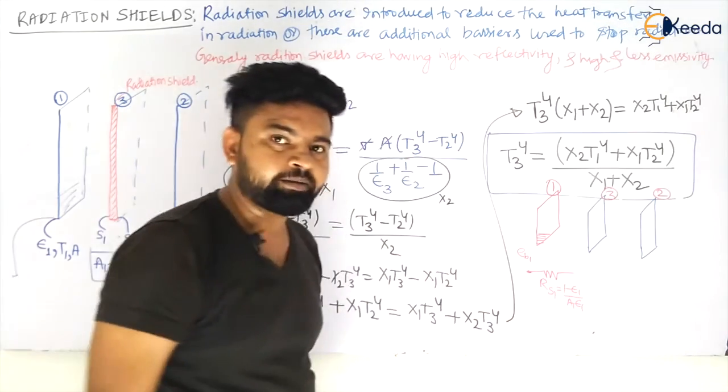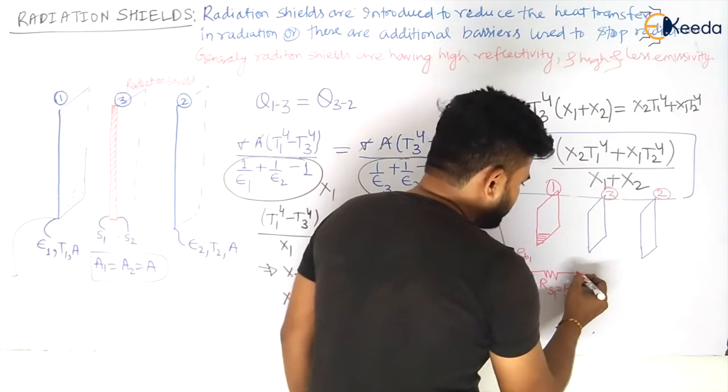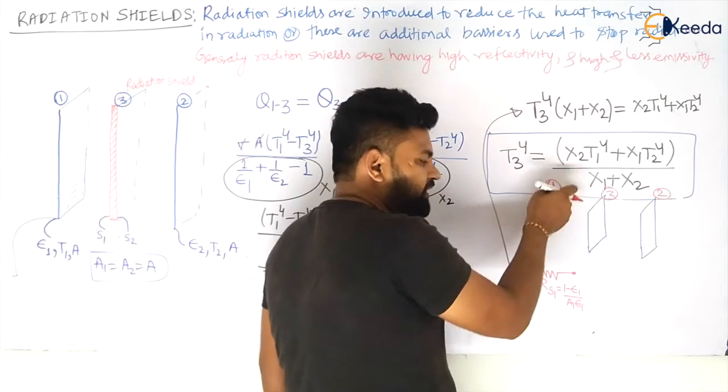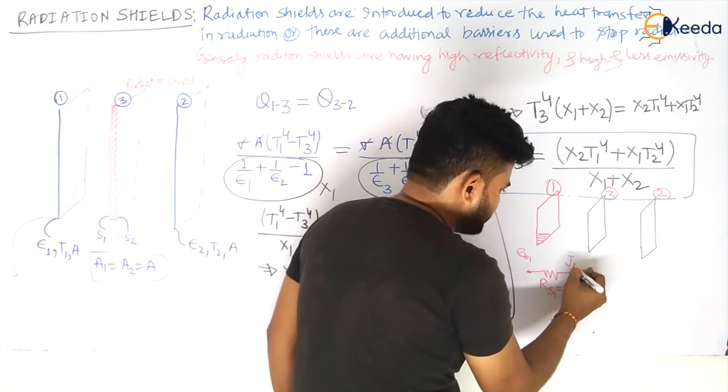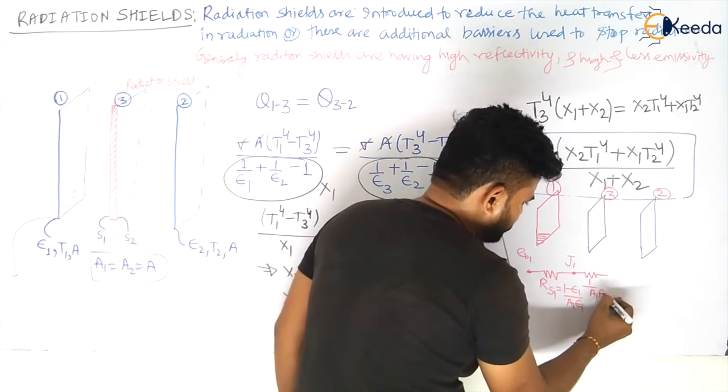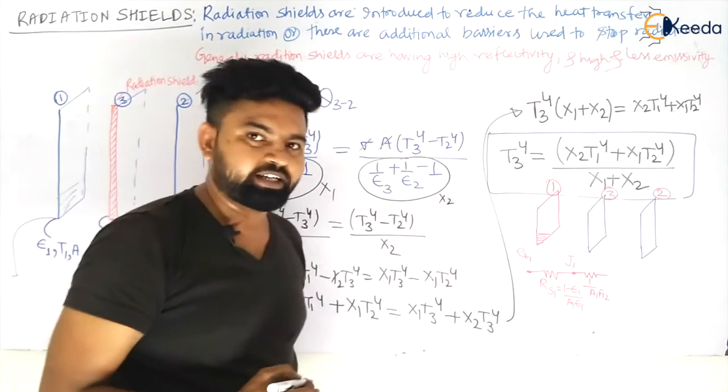Now these two plates will have one space resistance in between them. If J1 is this, they will have some space resistance, which is nothing but 1 by A1 F12, my dear students.